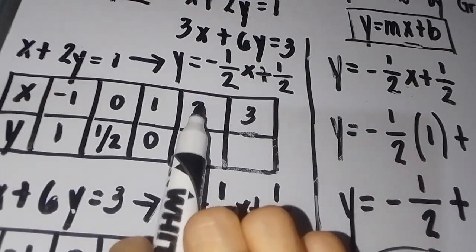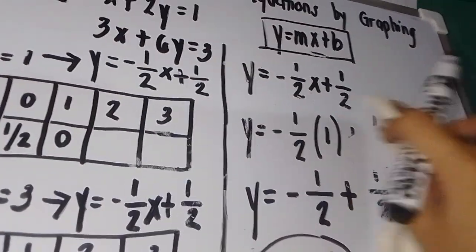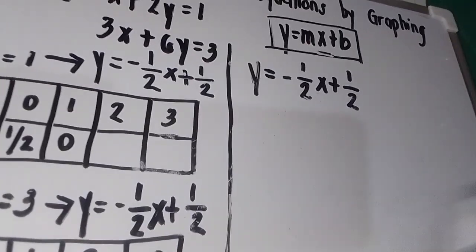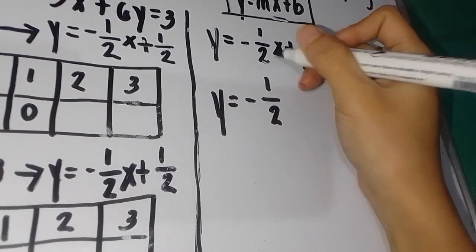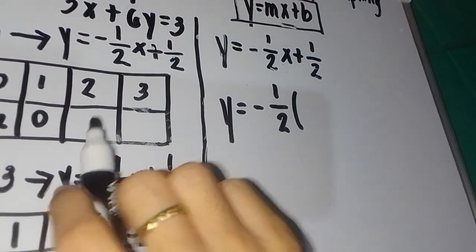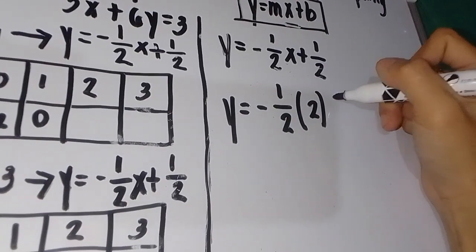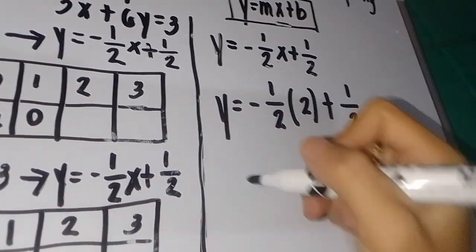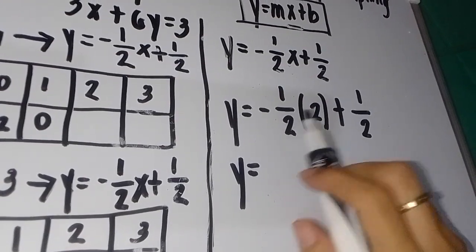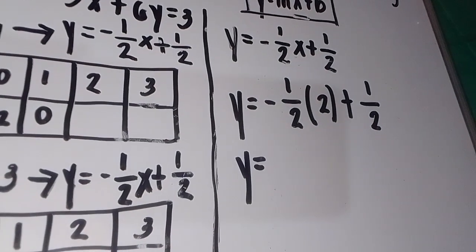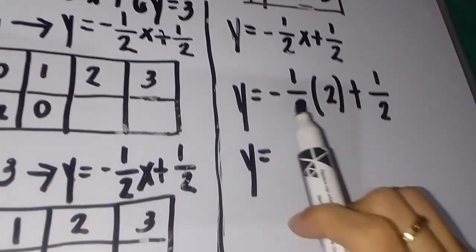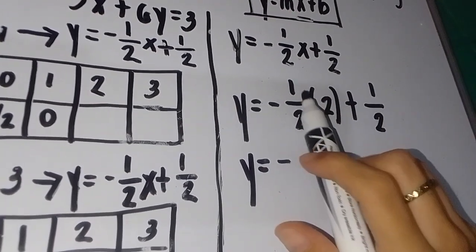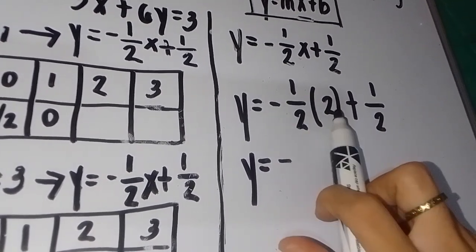Next, positive 2. We substitute positive 2 for x. Y is equal to negative 1/2, this time x is replaced by 2, then the second term, plus 1/2. Next, simplify. The first term has 2 values, so multiply. Sign first, so we don't lose track of it step by step: negative times positive is negative. Again, fraction times whole number.